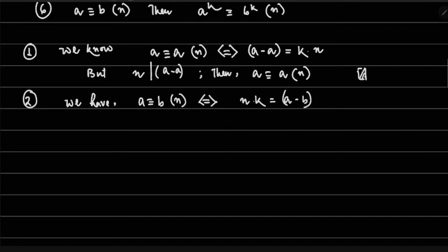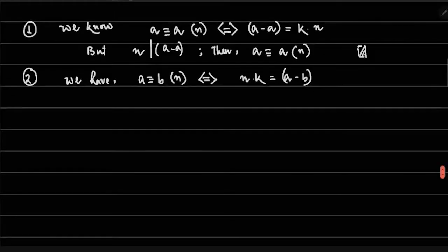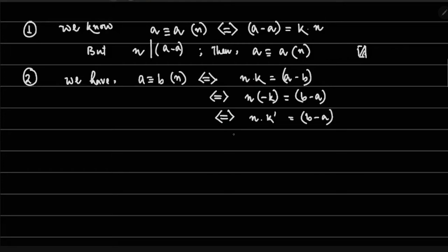That is the definition of congruence. So that implies and is implied by n times minus k equal to b minus a, that is n times k dash equal to b minus a. That implies and is implied by b is congruent to a mod n.